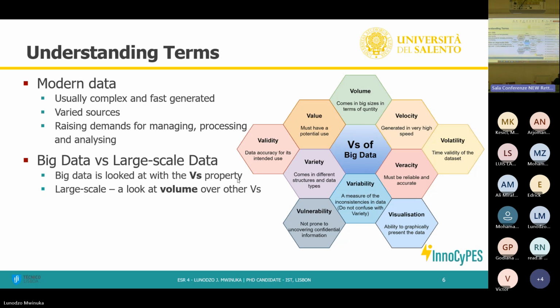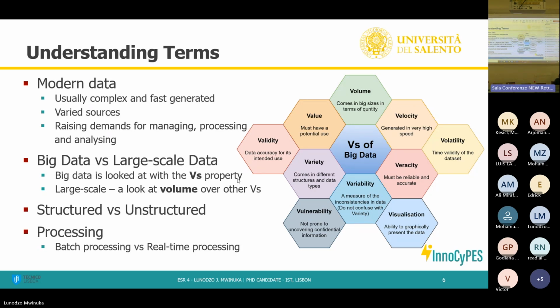Big data is looked at by the number of V's, but large scale data has this volume item. Data has to be huge in terms of size, and it does not abandon the other V's, but at least the volume must be there. When we speak of modern data, we are also looking at structured and unstructured data, and some resources extend this to our ability to process them: when we process them, we should get a certain meaning from them.